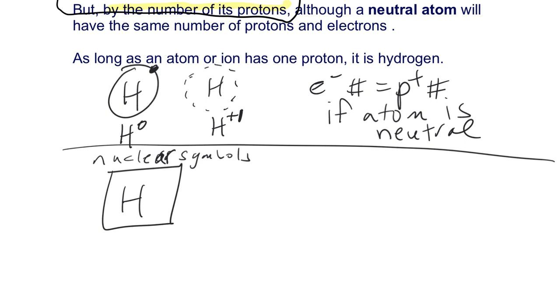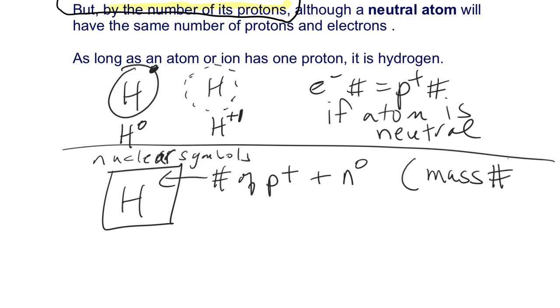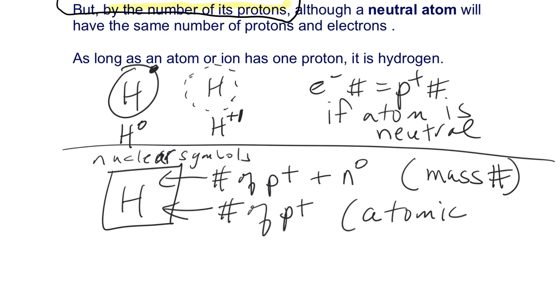This number on top, I'm going to switch it around, is going to be the number of protons plus neutrons. This is called the mass number. And the bottom number will be the number of protons, which is, of course, the atomic number.